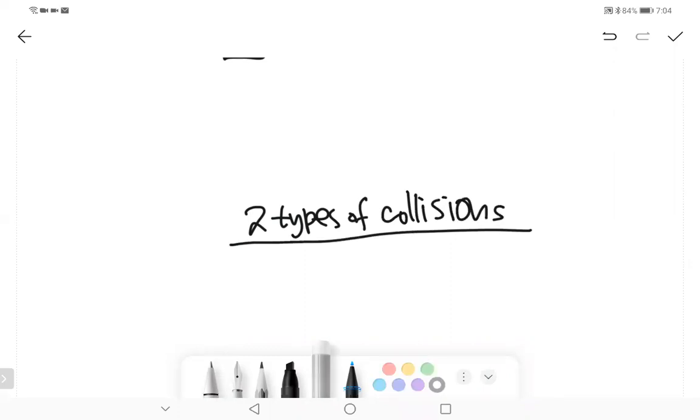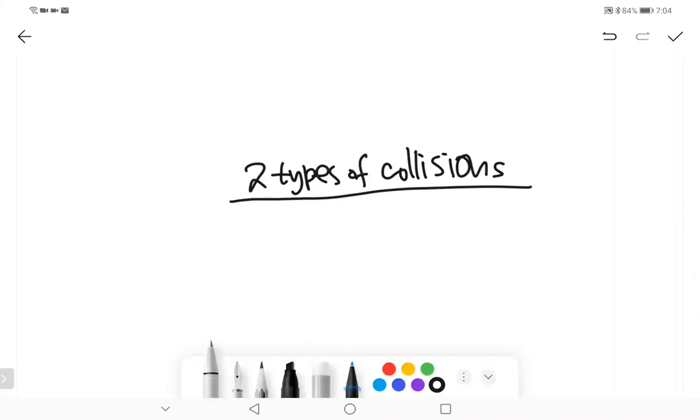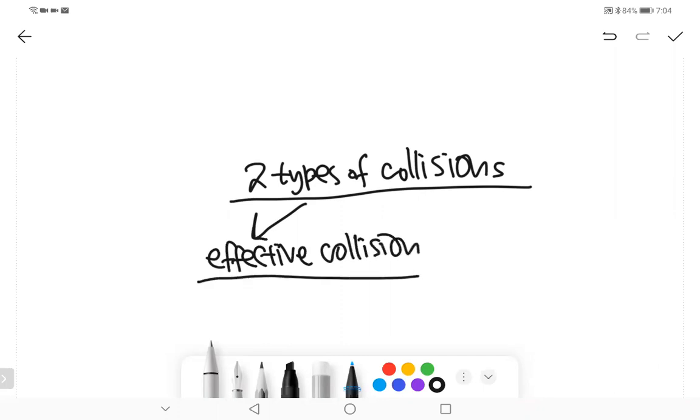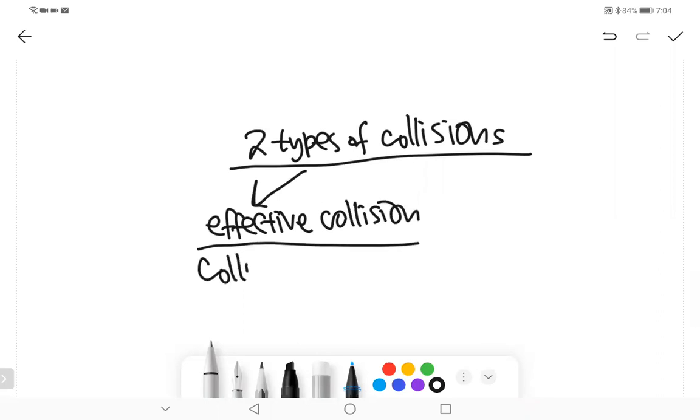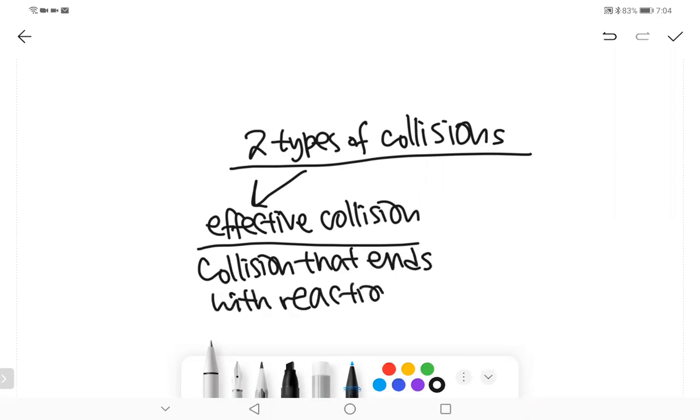So the first collision is called effective collision. Effective collision is the collision that end up with reaction. So if you collide and then after collide you got reaction, that is effective collision.